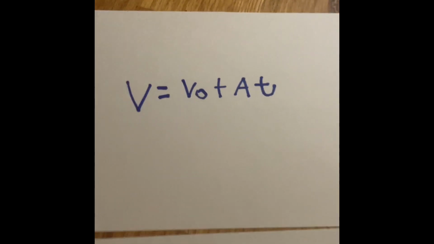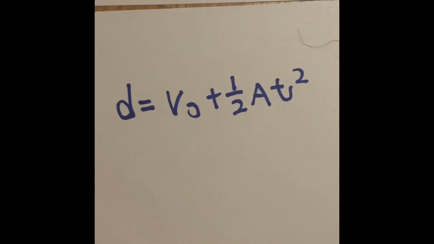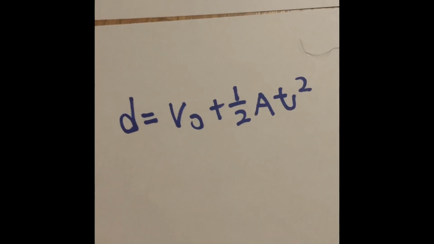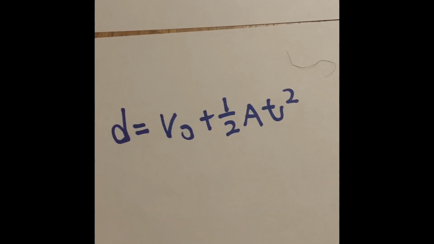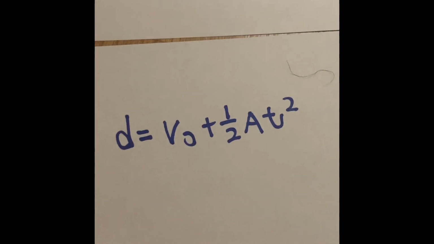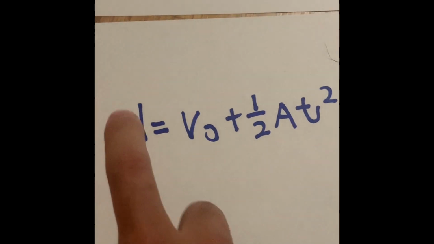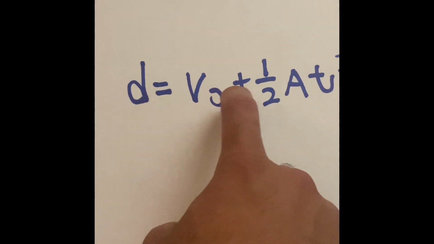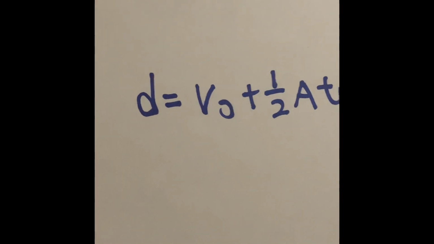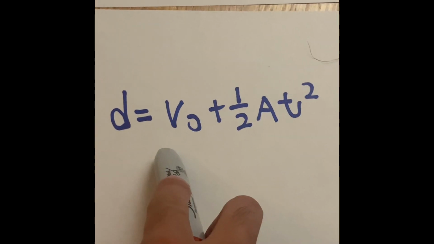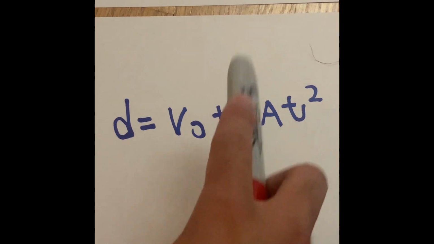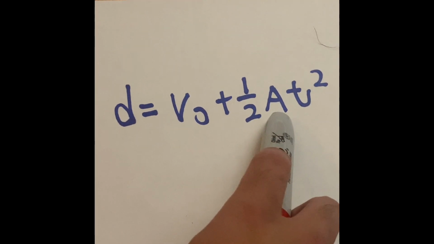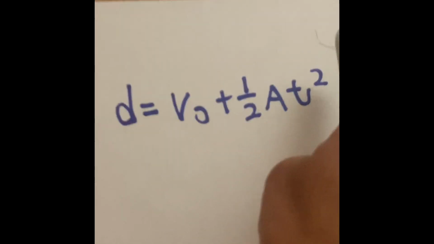The next formula is going to be a little bit different. This one is called the displacement formula, but it's not actually calculating actual displacement, because it's supposed to be just for these kinds of problems that don't have the same information. So your displacement is going to be your initial velocity times the time, plus 1/2 of the acceleration multiplied by time squared.